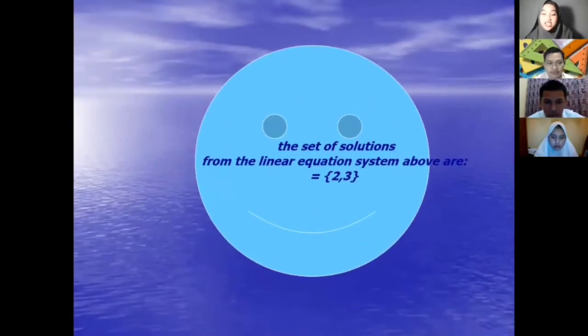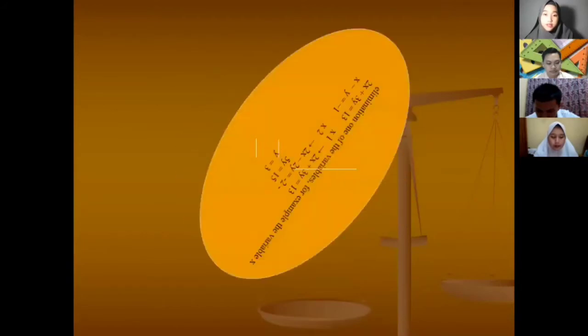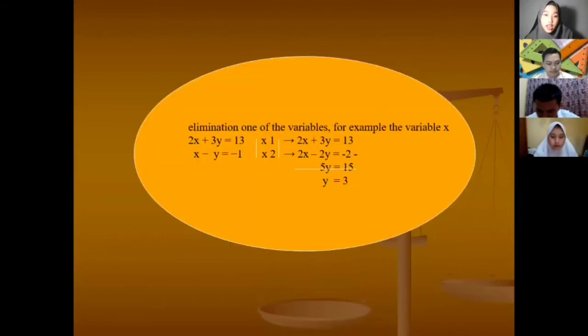Okay, let's continue. Furthermore, using elimination. For example, eliminating one of the variables, the variable x. 2x plus 3y equals 13 and x minus y equals negative 1. The first equation we will times 1, and the second equation we will times 2.